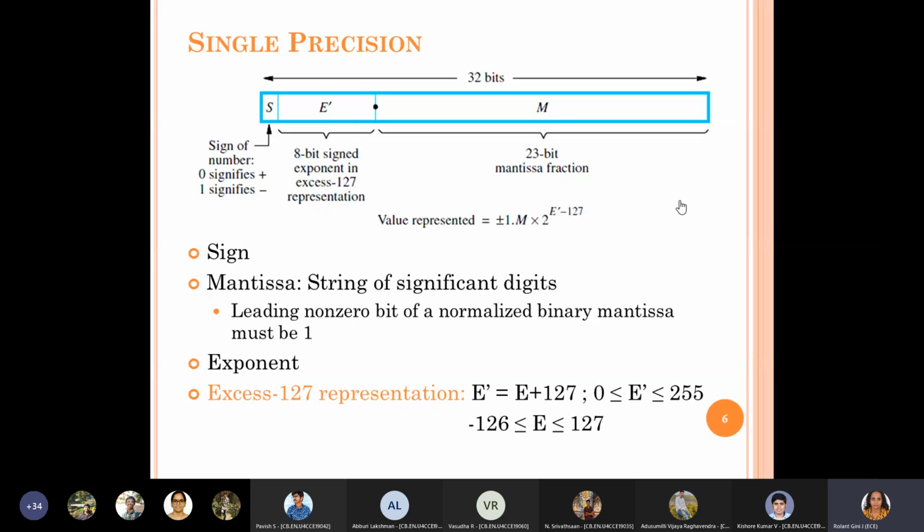Monish. Sanjana. I had some network issue.